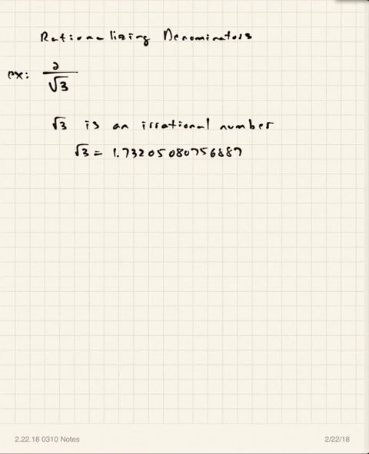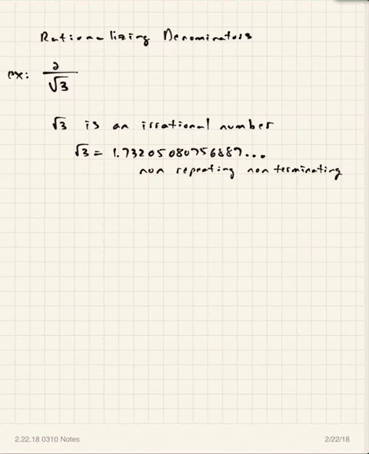And what happens? It doesn't terminate. This decimal goes on forever, right? And it never repeats, it never ends. Irrational numbers have decimal representations like that. It's a non-repeating, non-terminating decimal. Those are characteristics of what we call an irrational number.